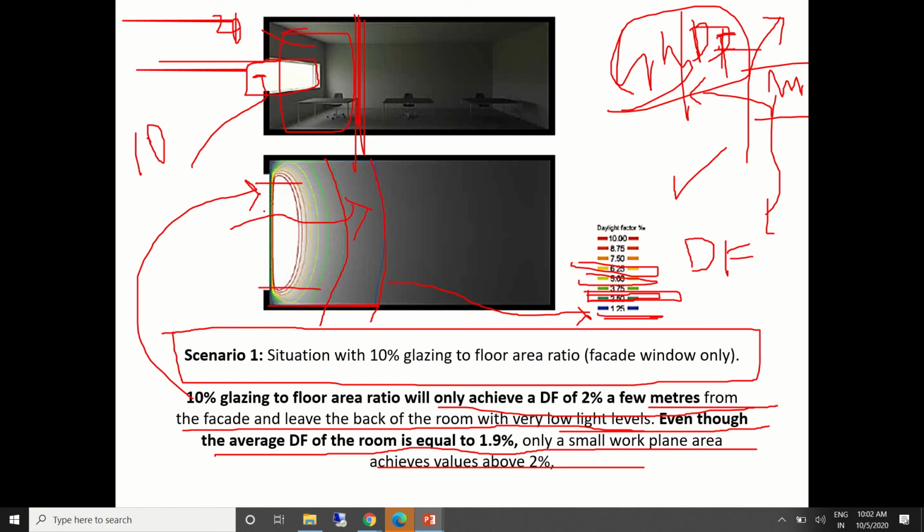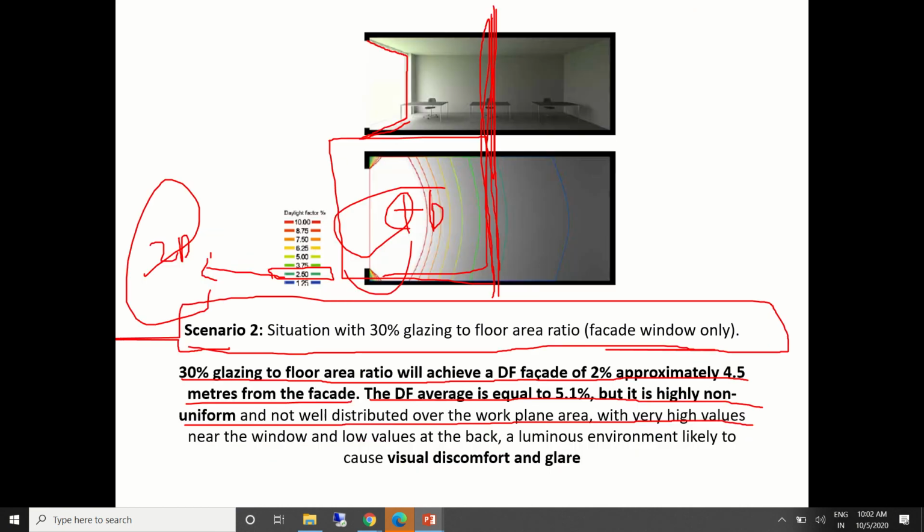This is a very controlled environment where we have light, but at the same time probably there will be glare. There will be too much light here, but it's okay. But if you see here, almost 1/4 of the room may have this issue of glare.